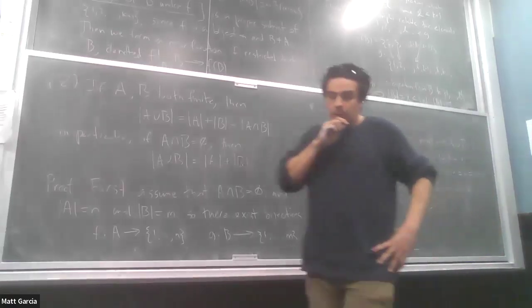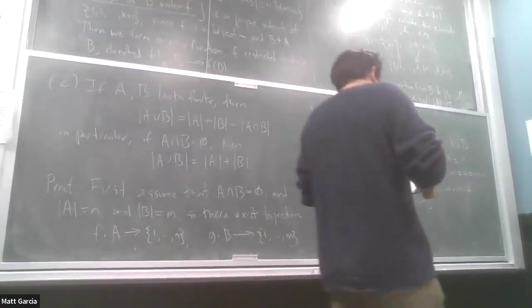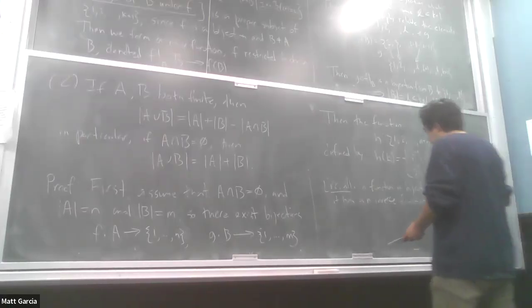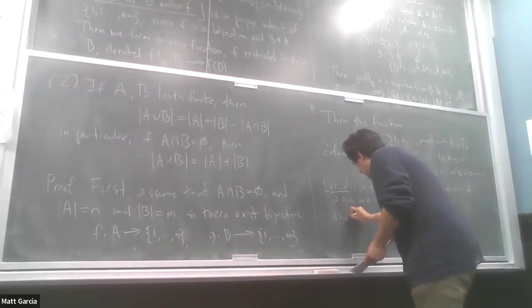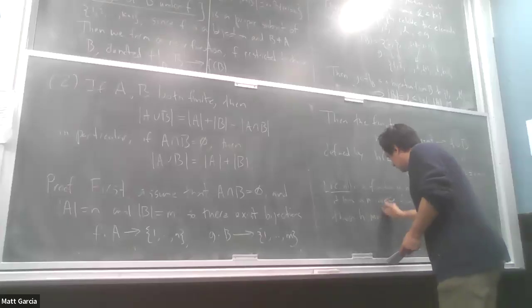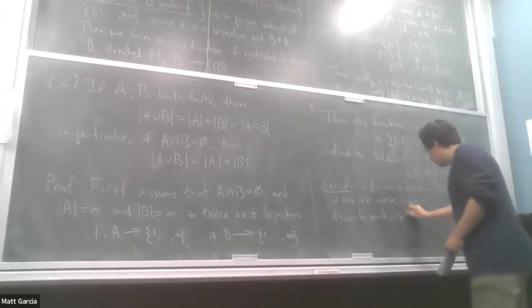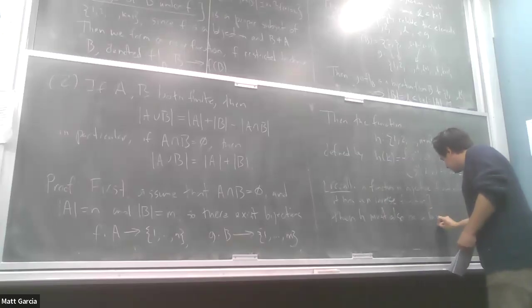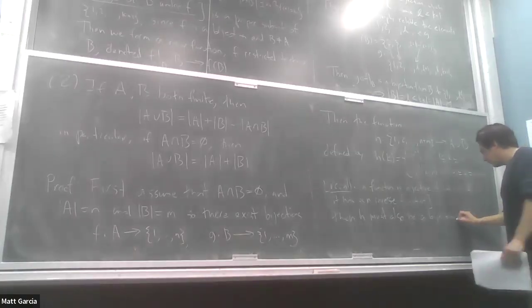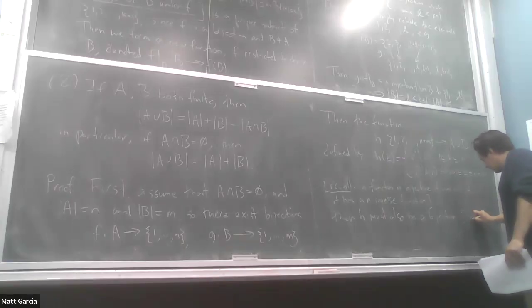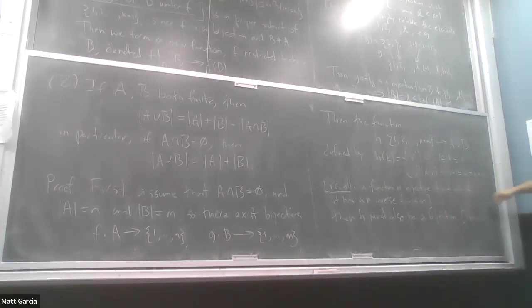Okay. So what do I want to say from here? I want to say then h must also be a bijection. What do I need to verify that h is a bijection?